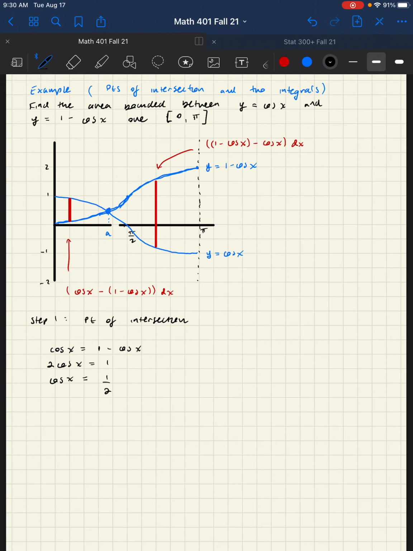Now, this has infinitely many solutions because cosine of x is periodic. It's 2 pi periodic. But we are looking at the range between 0 and pi. So x is between 0 and pi. So we are only looking for one value here, and that is going to be pi over 3. That's our A.